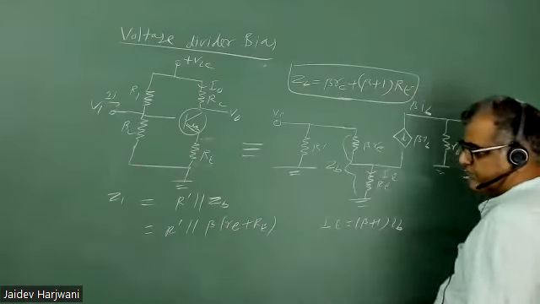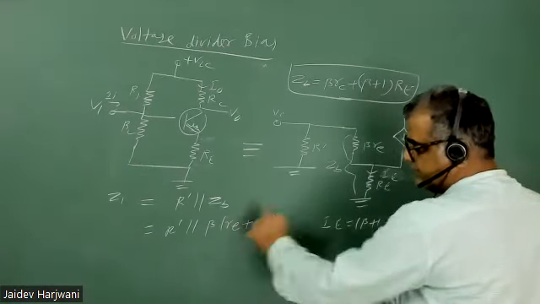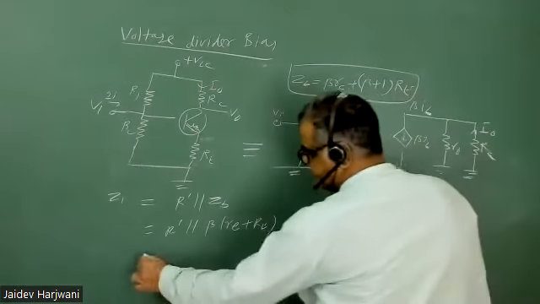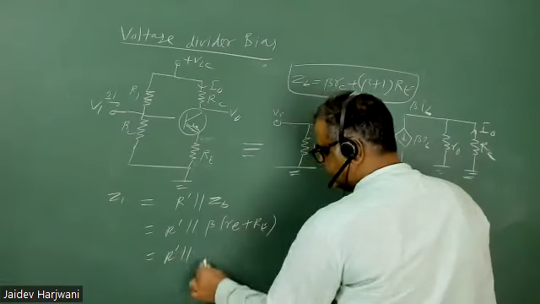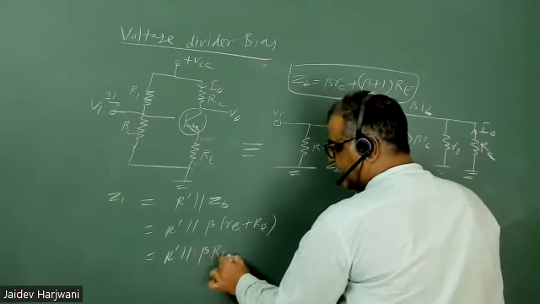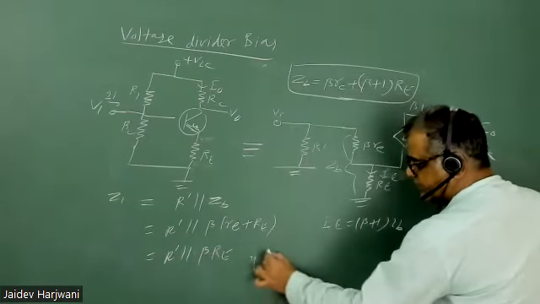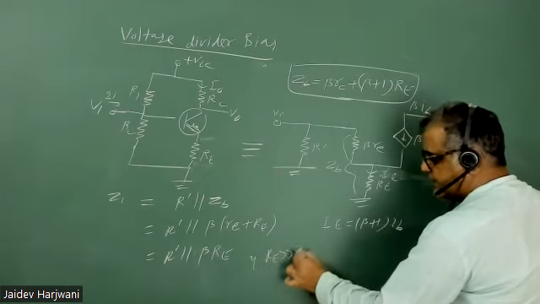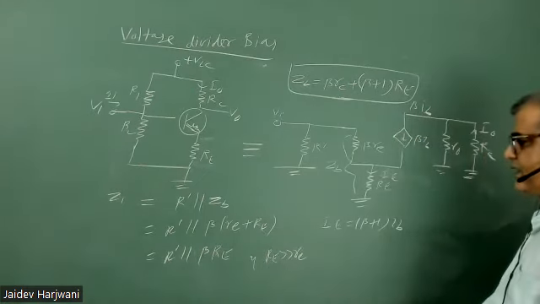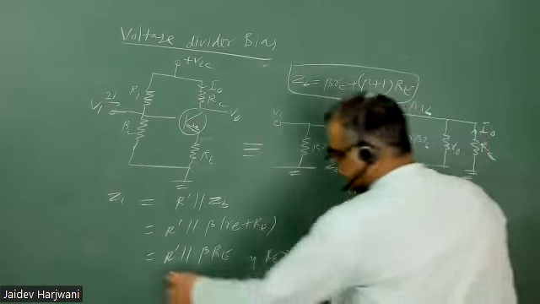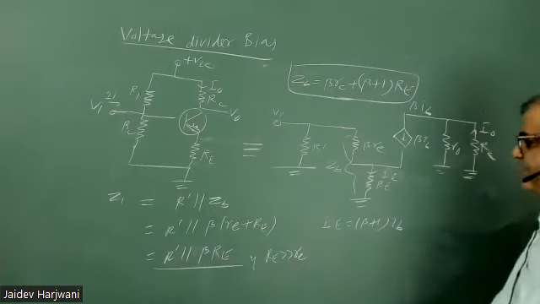And if capital Re is greater than small re, then you can also neglect this one. So you can write R dash is equal to beta capital Re this time if your Re is greater than small re. So this will be your Zi this time.